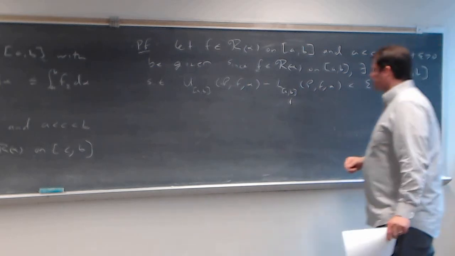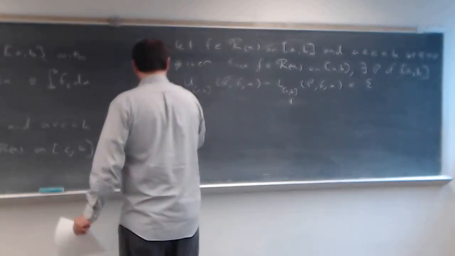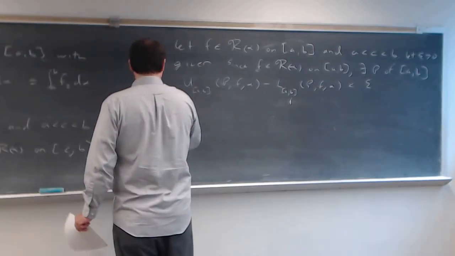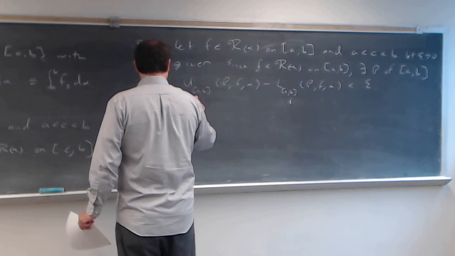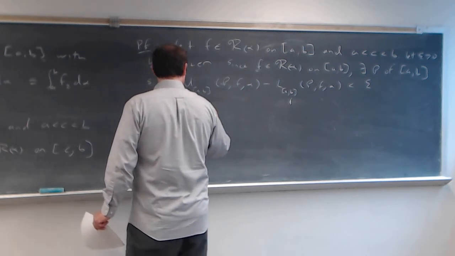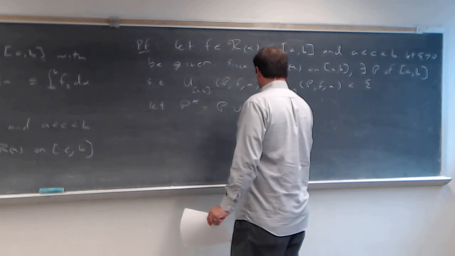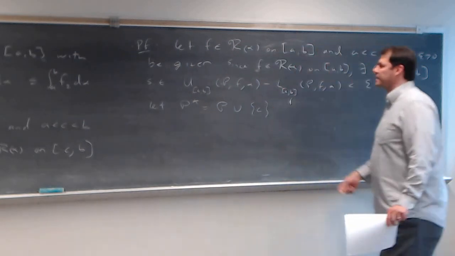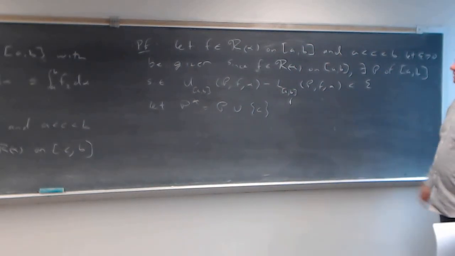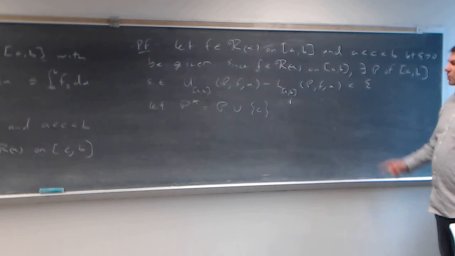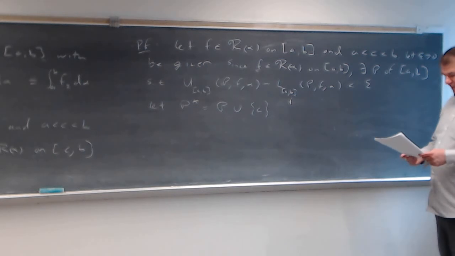Okay, now what we're going to do is take a refinement, if need be. So I'm going to let P star be equal to P union c. So if c was not in our partition, then we're going to throw it in as a refinement.